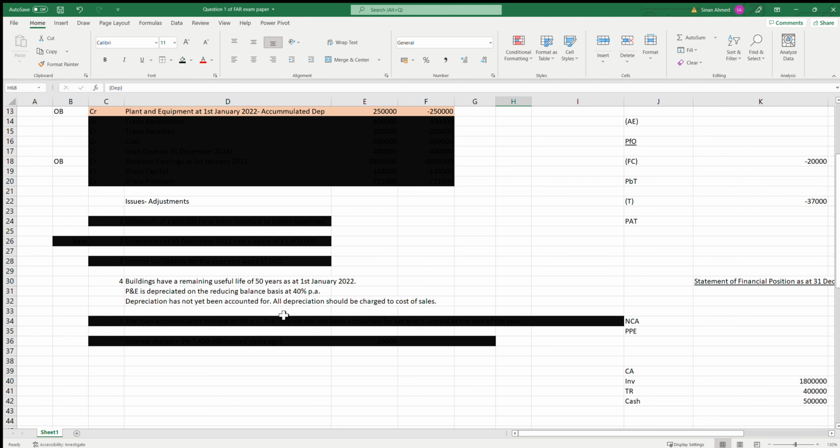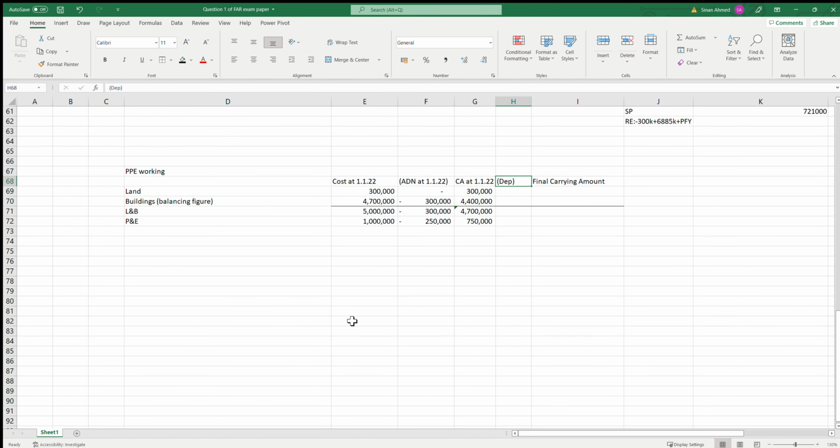Depreciation has not yet been accounted for, and depreciation should be charged to cost of sales. Okay, so I'm just going to put buildings as 50 years and 40% RB. Okay, so that way I know what my criteria are going to be.